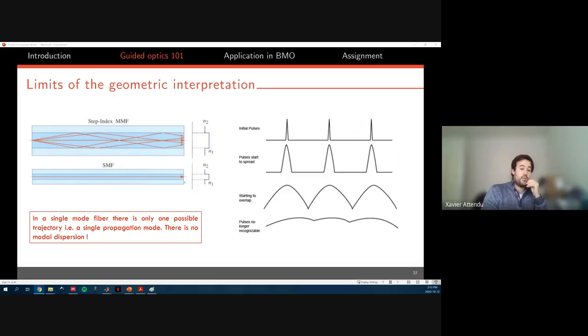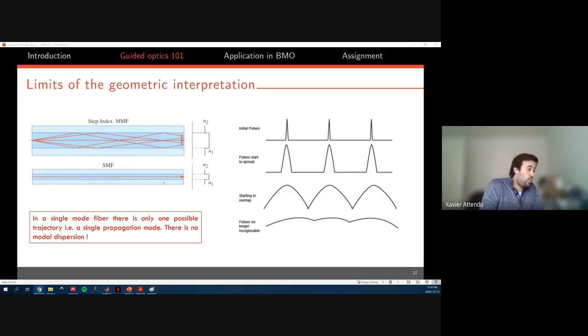Now, this is where the geometrical interpretation that we just saw fails, because technically we still have a core index, we still have a cladding index. So why can't total internal reflection happen inside this fiber? Just because it's smaller, it doesn't really change the fact that this angular analysis should still work.